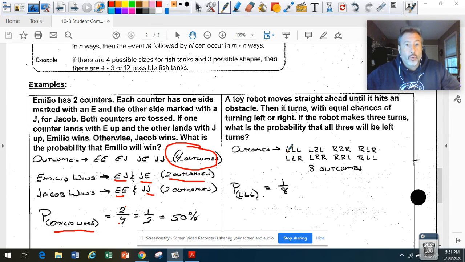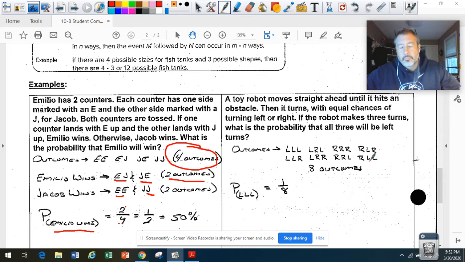The robot could go left, left, left; left, right, left; right, right, right; right, left, right; left, left, right; left, right, right; right, right, left; and right, left, left.